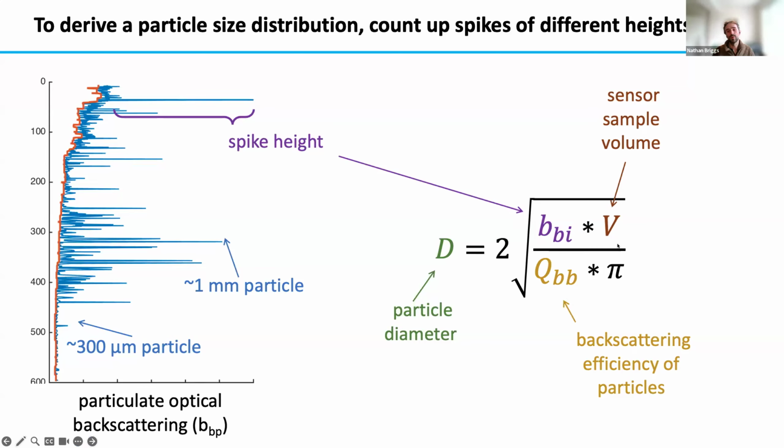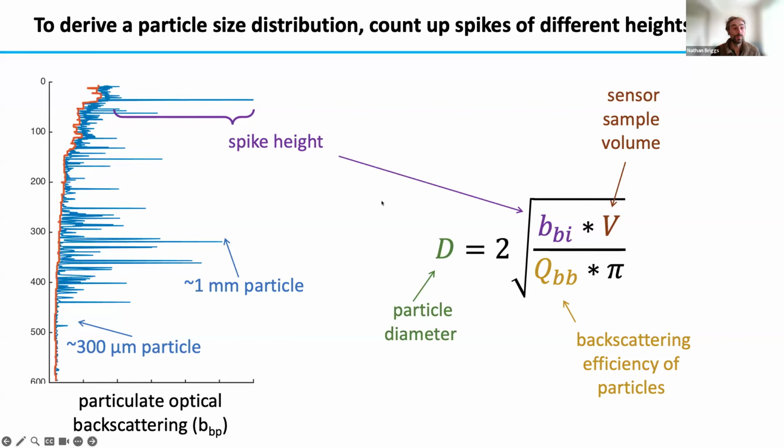The sample volume is known, and the backscattering efficiency of particles has been empirically constrained on average in the ocean. So we're going to use an average value to get a first indication of the particle diameter. These are some examples of different particle heights corresponding to different size particles.